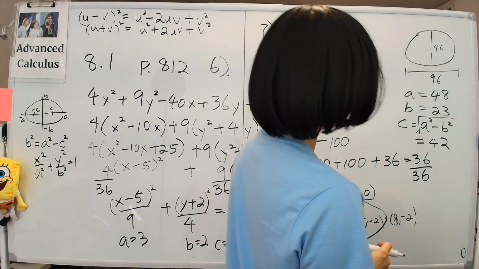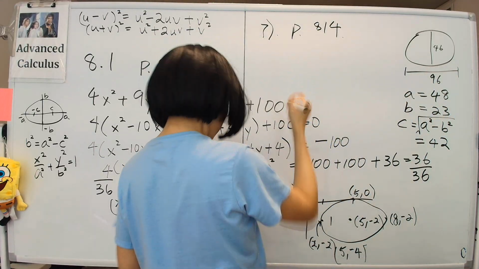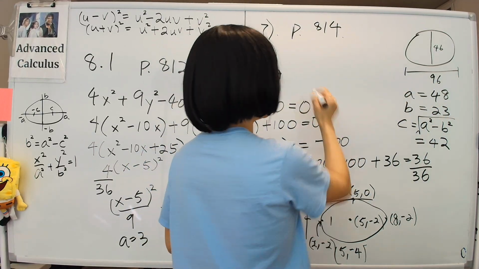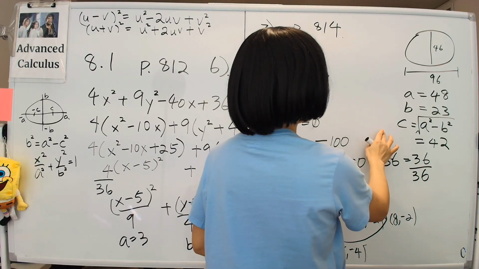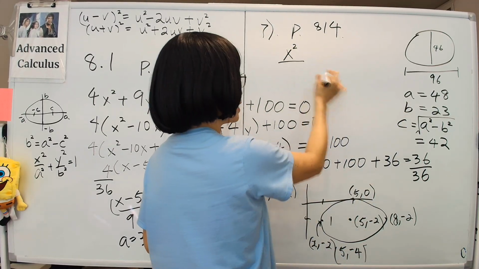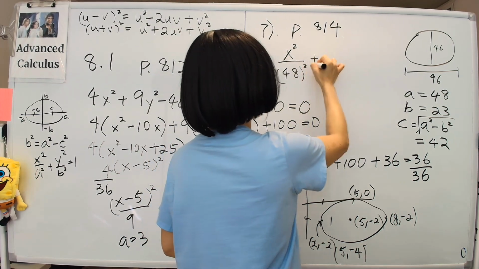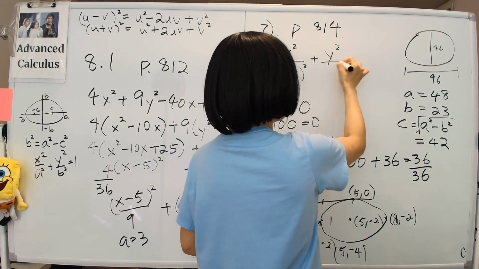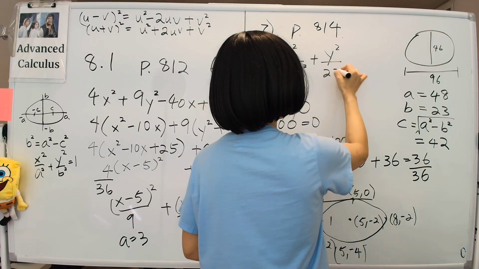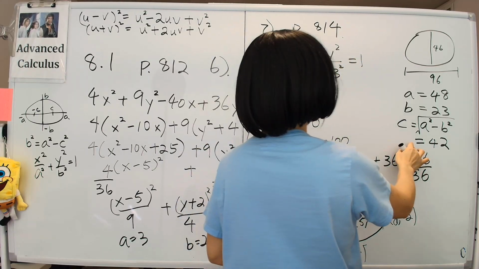And with that information, we have everything. So we're trying to calculate the equation of this ellipse. The equation will be x squared over a squared, where a is 48, plus y squared over b squared, where b is 23, and that equals 1, with the focal point being 42.